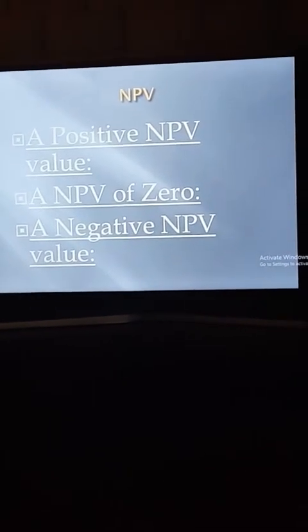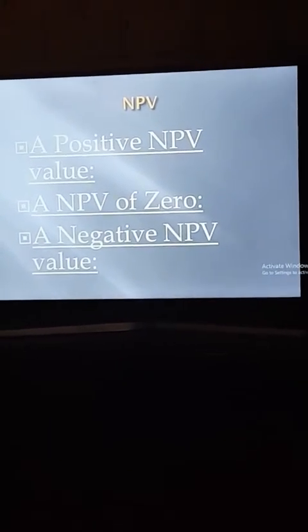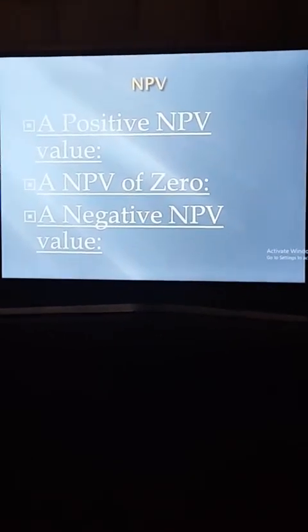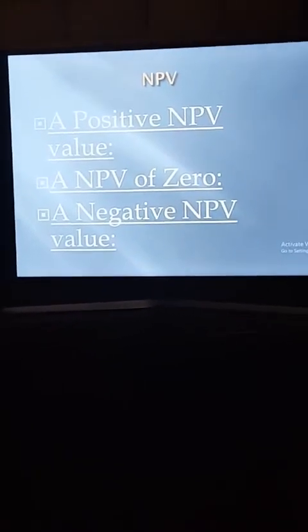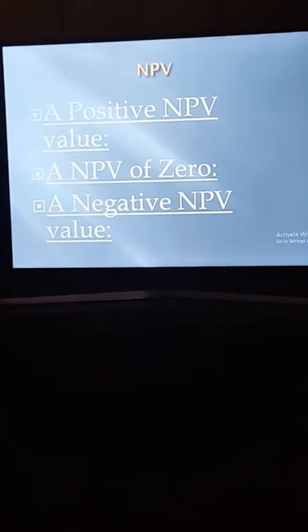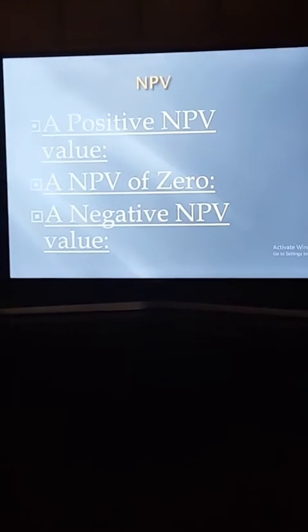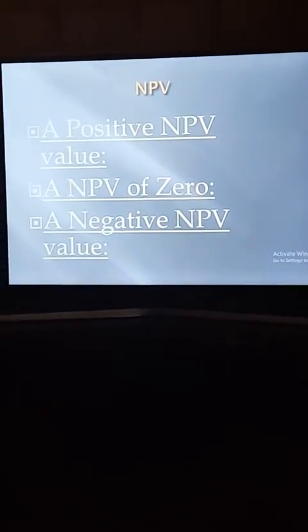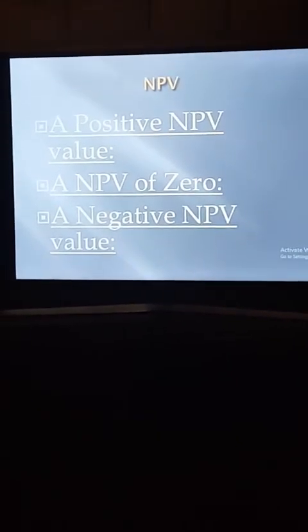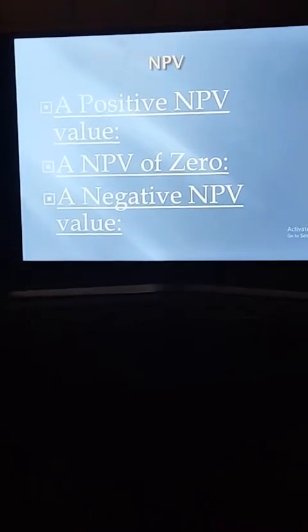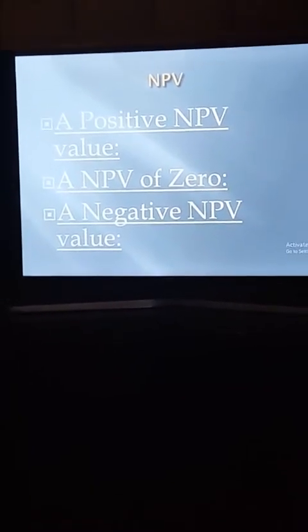These three terms basically refer to whether a project is acceptable or not, whether it is worthwhile investing in the project or not. A positive net present value is acceptable because the return is greater than the amount of money invested into the future project.